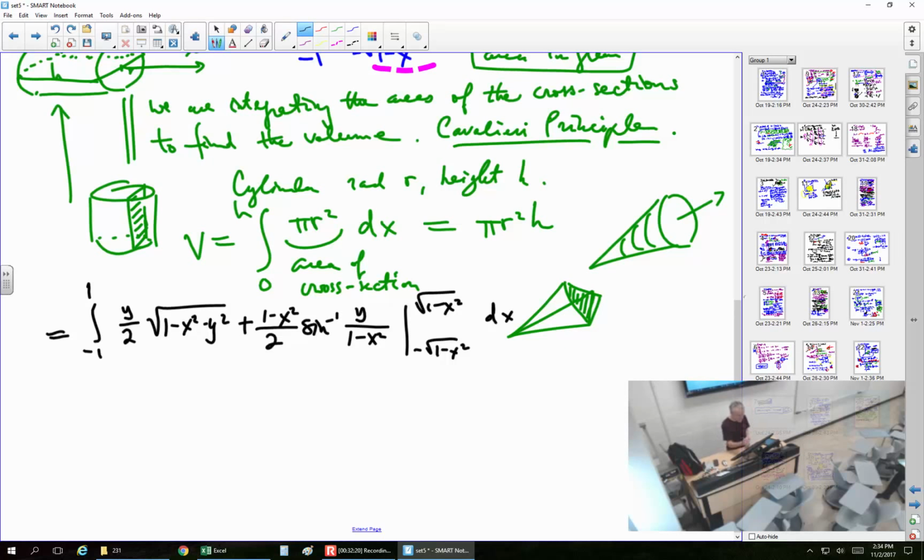Once again, when you have two independent variables to integrate or differentiate with respect to, writing those variables is very convenient, so you know where these go. These two limits are being substituted into this long expression. It appears that the square root in the first term will disappear, since y squared is equal to 1 minus x squared.